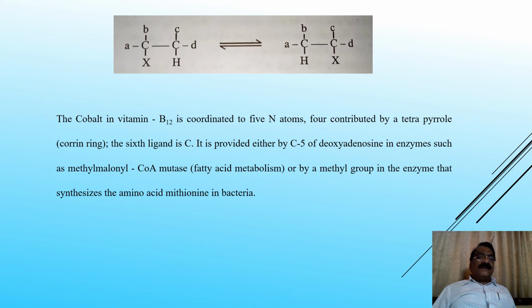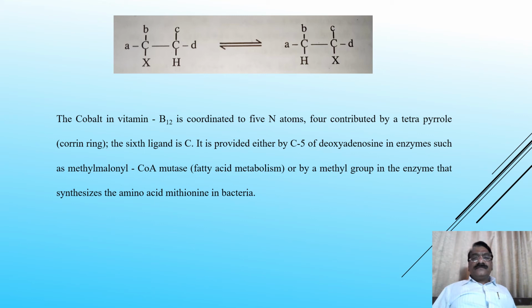The cobalt in vitamin B12 is coordinated to 5 nitrogen atoms, 4 contributed by a tetrapyrrole, that is the corrin ring. The sixth ligand is carbon.